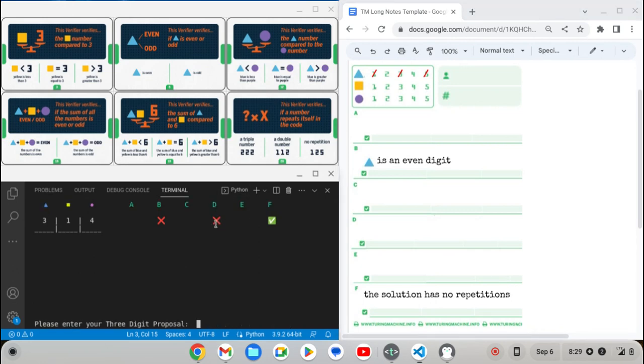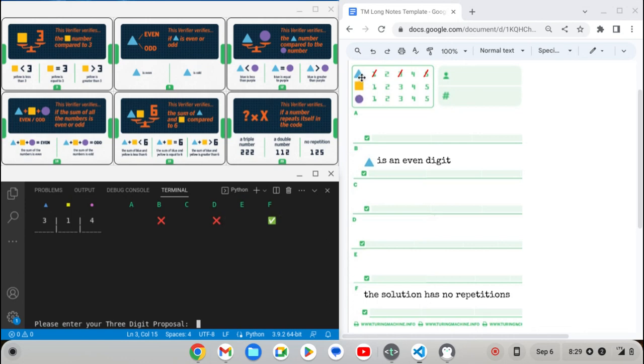Okay, so in this case, the Turing Machine does not approve of the proposal. Notice that for criteria card D, we are adding up all the digits. So let's go ahead and do that. If we add up 3 and 1, that's 4. 4 plus 4 is 8. 8 is an even quantity, but again, the Turing Machine does not approve of that. So it's telling us that the sum total of the 3 digits should be odd.